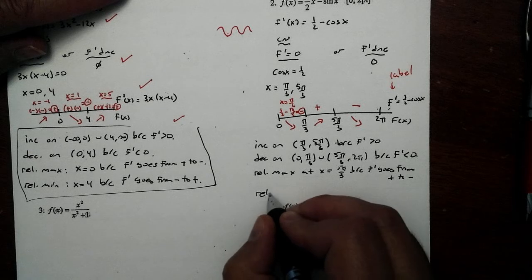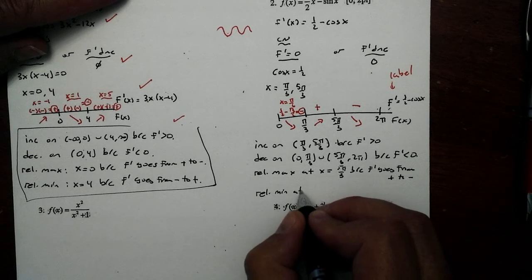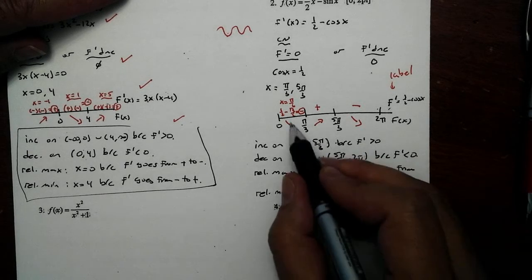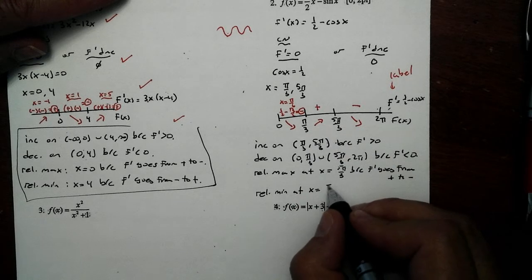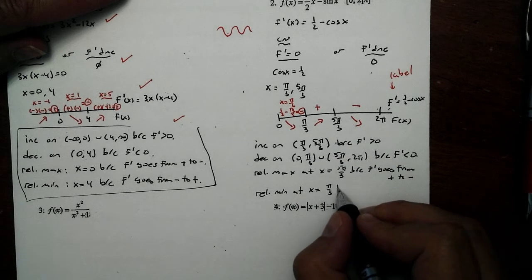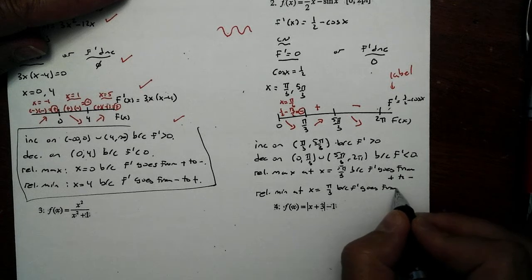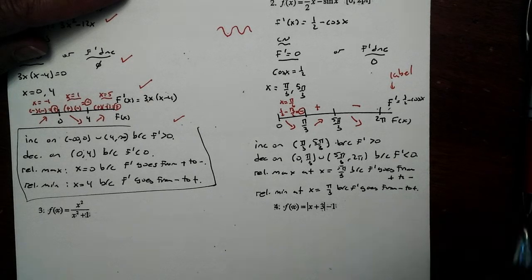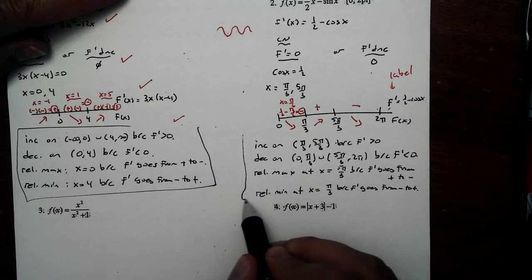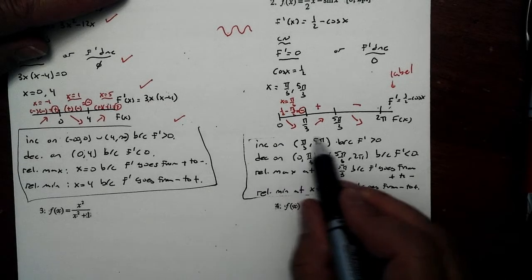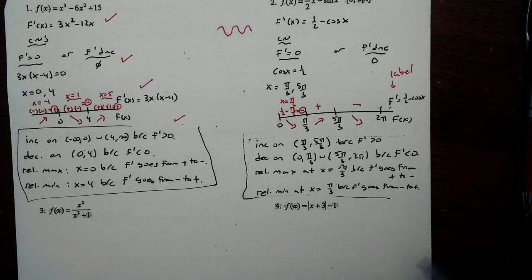And there is a relative minimum at x equals, where does the slope go from down to up, pi over 3. And this is because the derivative goes from negative to positive. Very easy to do. All told, a question like this is maybe a couple of minutes, 2-3 minutes.